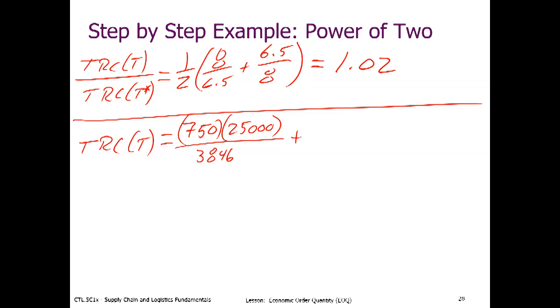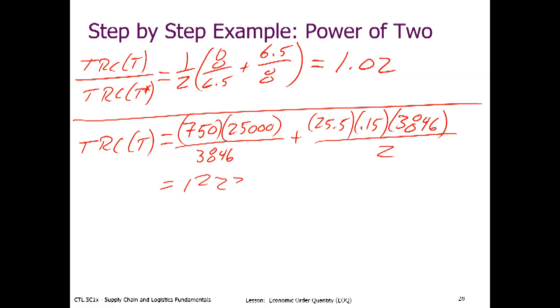And I'm going to add in my inventory holding cost, which is 25.5 times 15%, that's my C times my H, times my Q, 3,846, divided by 2, because it's the average inventory on hand. This comes out to be 12,230.